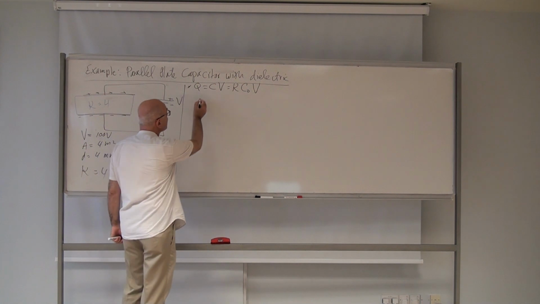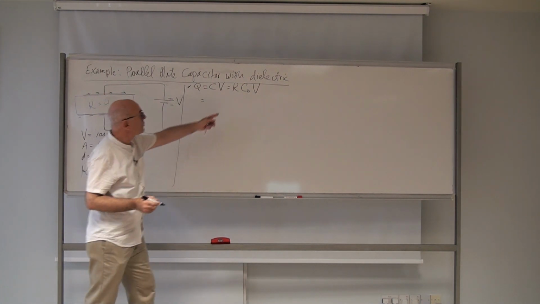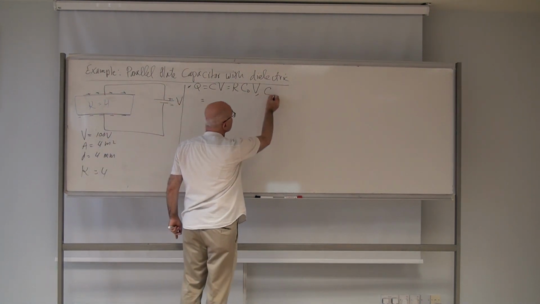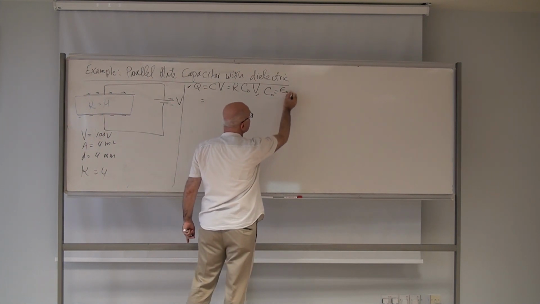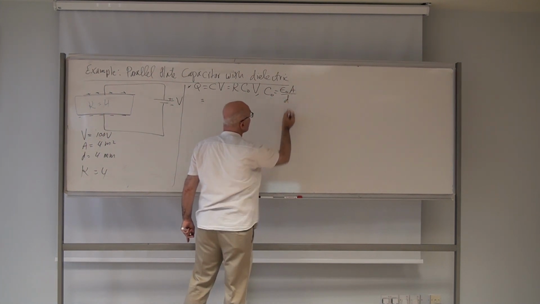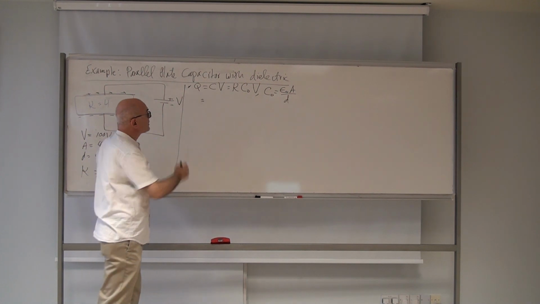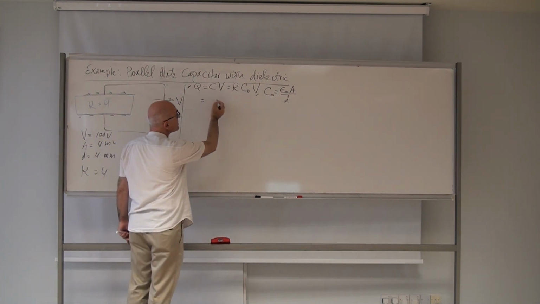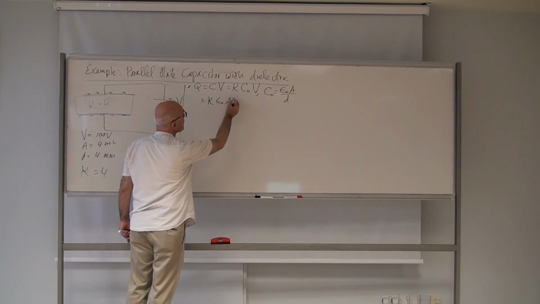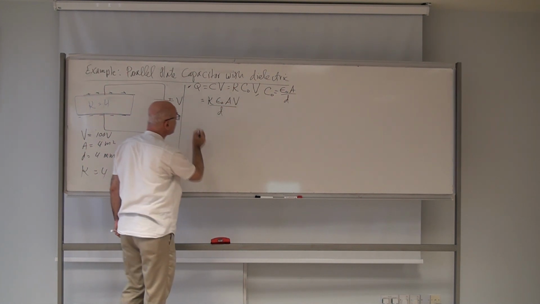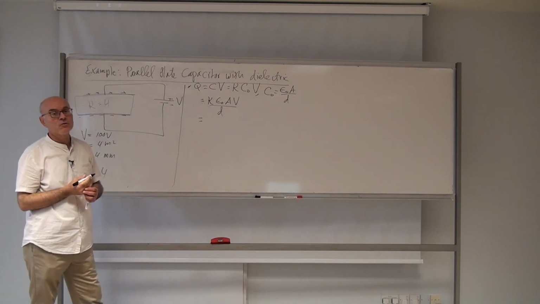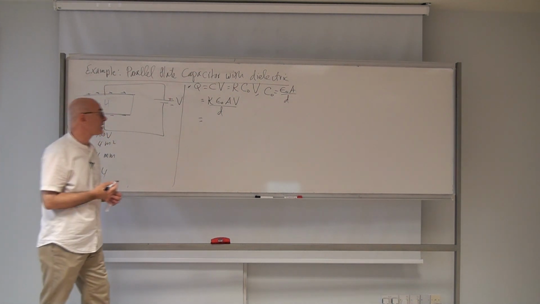C naught for a parallel plate capacitor is epsilon naught A over D. So this expression becomes kappa epsilon naught A V over D. What remains is to substitute these numerical values and work it out.